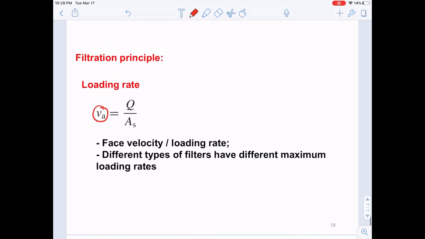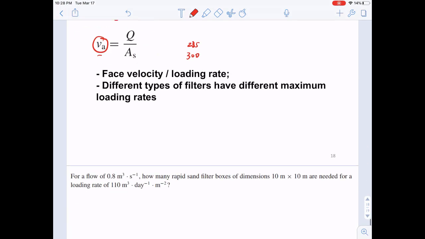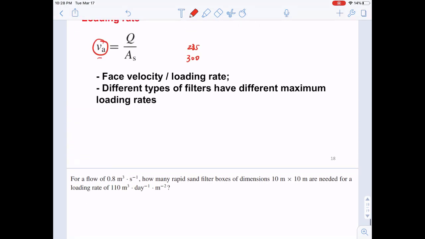For the sand filtration system or rapid sand filters, this value has to be smaller than 235, and for the dual medium or multiple medium filtration, this value can be smaller than 300. These units are meter cube per day per meter square.